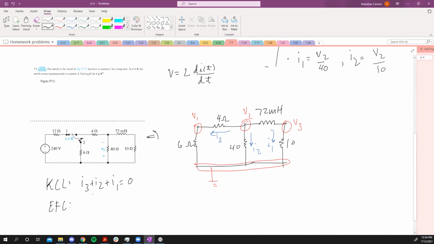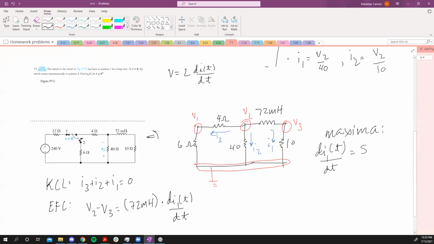In our equations for components, we can start with the inductor: V2 minus V3 equals 72 millihenry times di1(t) over dt. And this di1(t) over dt, I can make it equal to S in Maxima, right?